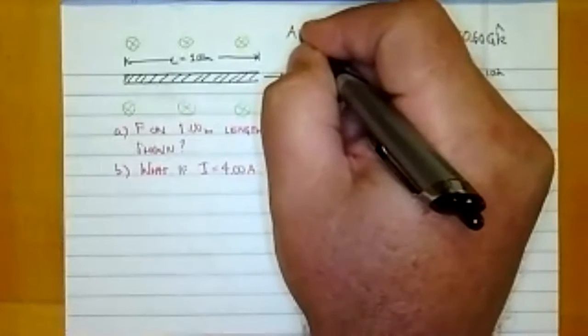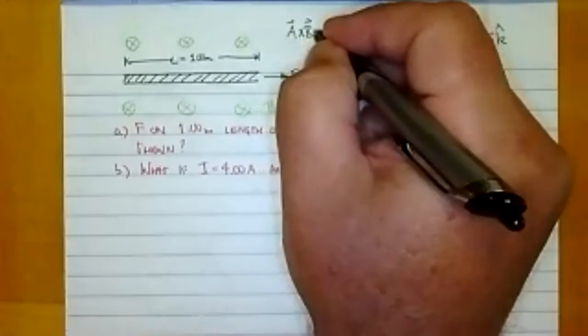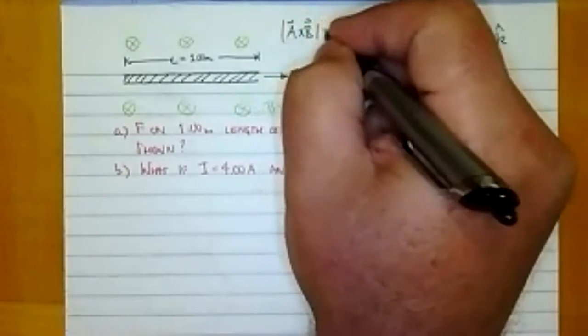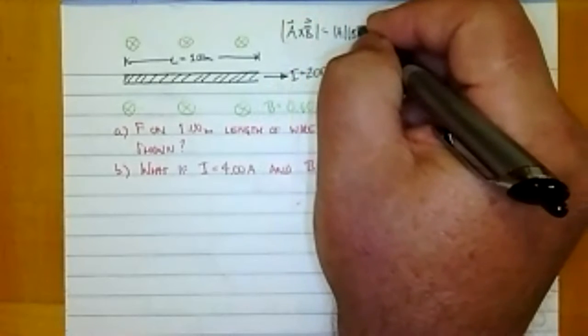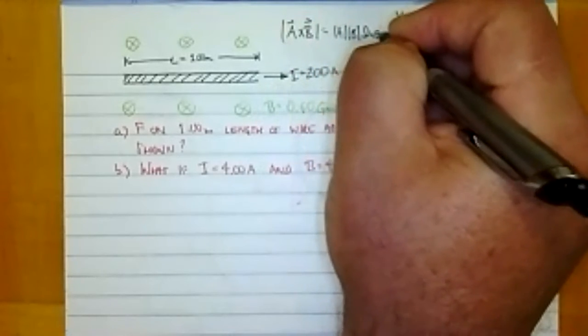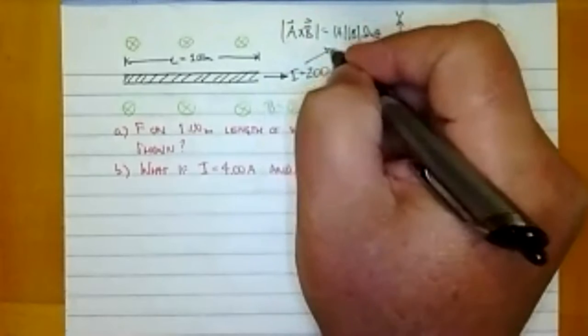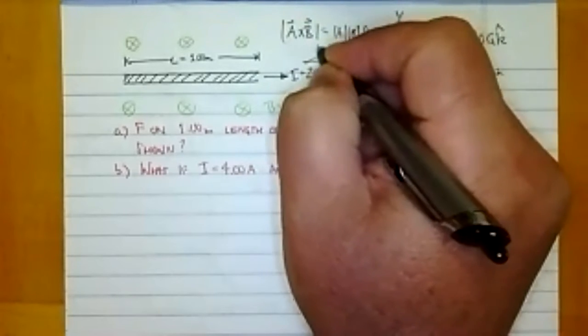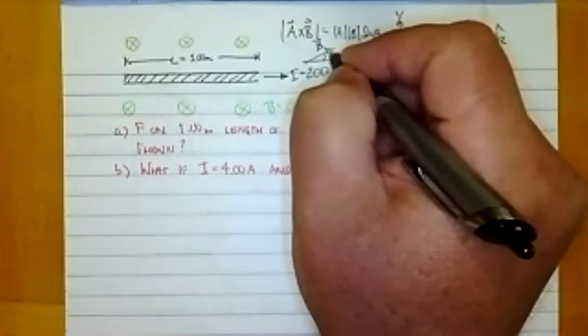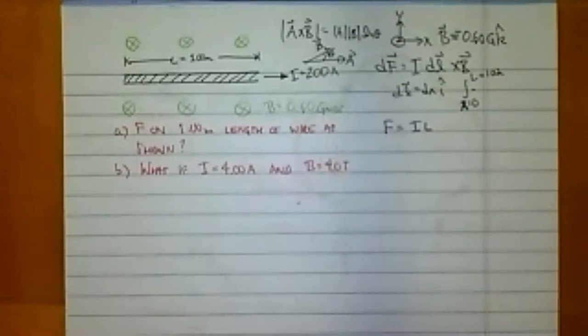We know that for a vector A cross B, the magnitude of that vector is the magnitude of A times the magnitude of B times the sine of the angle between them when they're tail to tail. So that would be your angle theta.